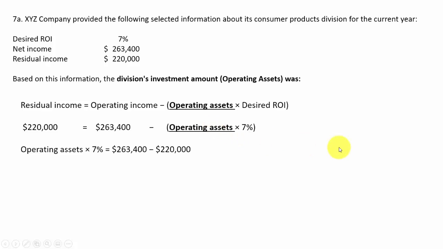All right, so operating assets times 7% is equal to this 43.4. So if you take 43.4 and divide it by 7%, you'll get what the operating assets are, which are $620,000. Let me say this another way.